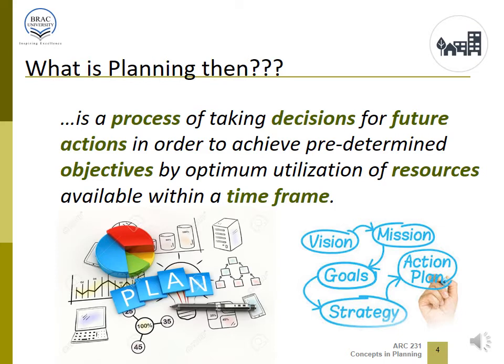The time frame can start from 5 years and it can end in 20 years or even more. So this process helps us to have a vision for the city, to set some goals, actions, and strategies for the city.